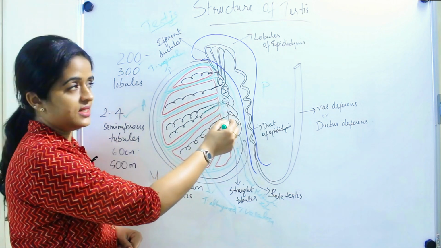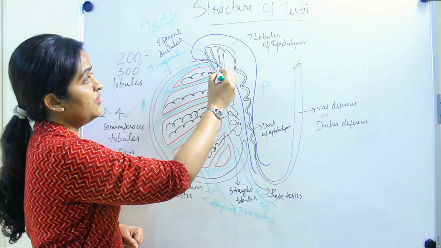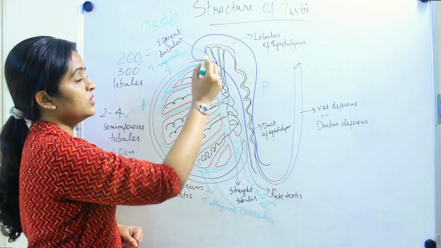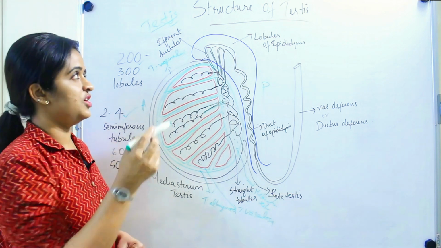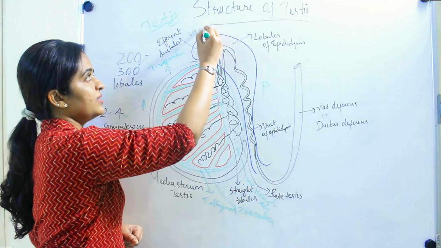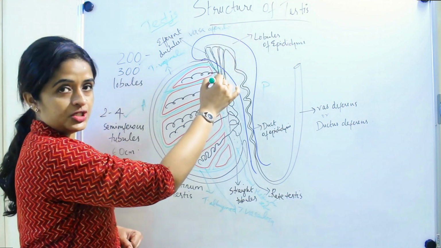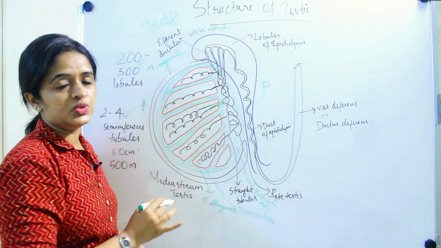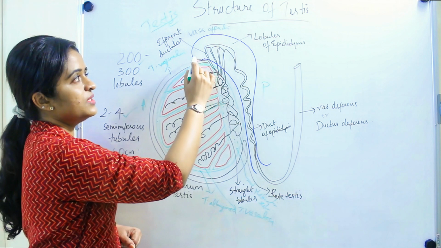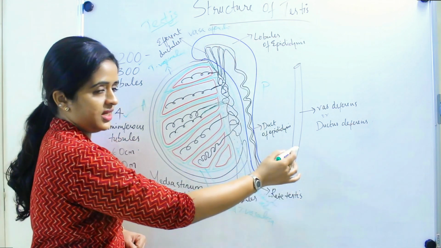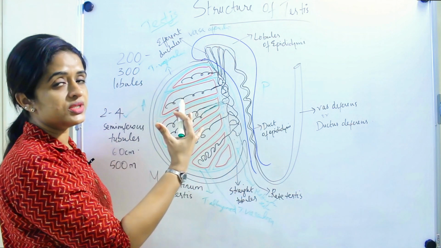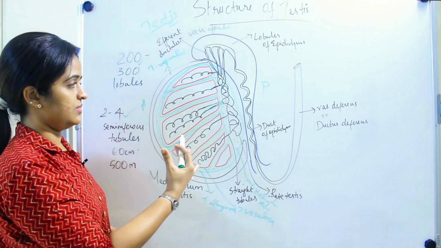Now from the rete testis we can see efferent ductules, otherwise known as vasa efferentia. They are the efferent ductules which are entering into the epididymis. The epididymis has got a head, body and tail, which is seen closer to the posterior aspect of the testis.